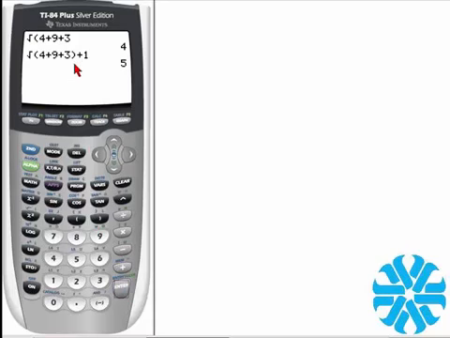Now, if we did not use the closing parenthesis there, it would actually take all of these numbers, 4 plus 9 plus 3 plus 1, and then take the square root of that. So it would take the square root of 17. And let's just see what happens here. So if we take the square root of 4 plus 9 plus 3 plus 1, and we hit enter, it will be a completely different answer than 5.